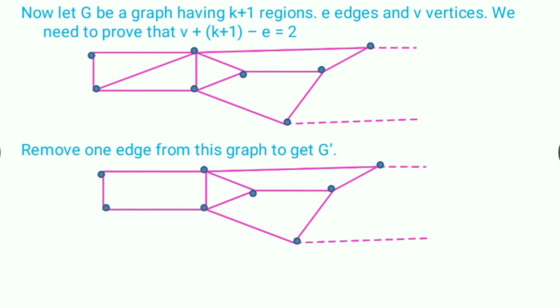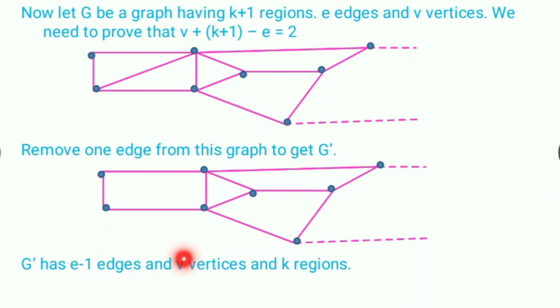Vertices are the same, no vertex is removed. And how many faces will there be? One face is removed: 1, 2, 3, here one face is removed. So faces will become K. Let this graph be G dash. So G dash has E minus 1 edges, V vertices and K regions, K faces.